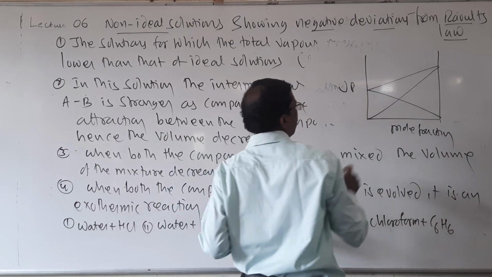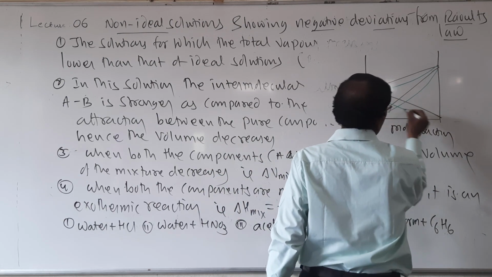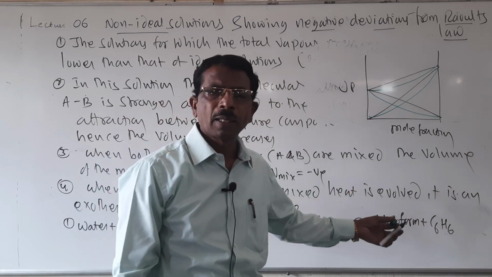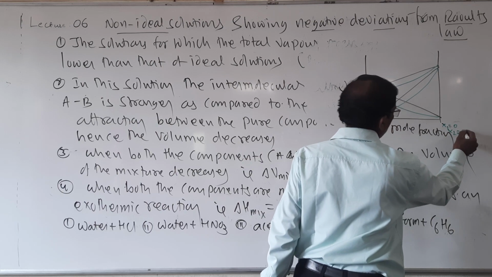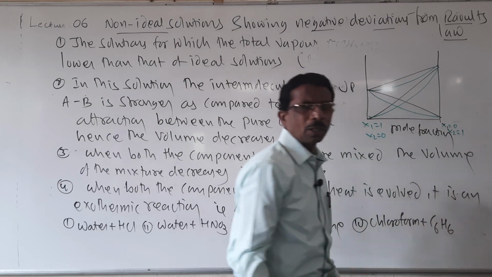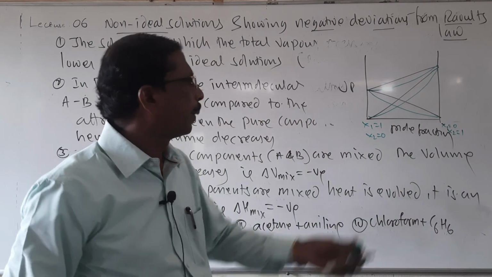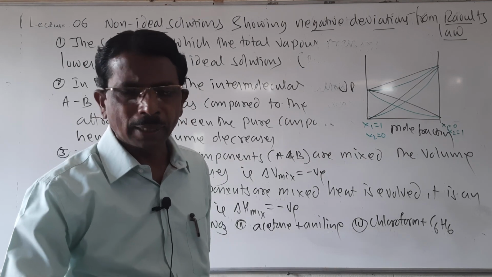And negative deviation means like this. Again, you may write x1 is equal to 0 and x2 is equal to 1, and x1 is equal to 1 and x2 is equal to 0. You may take any component on any side. Maybe x1 is equal to 1 or x2 is equal to 1, any component on any side.